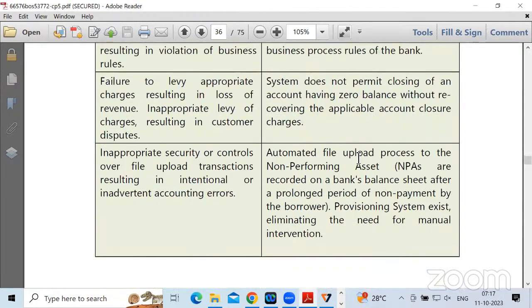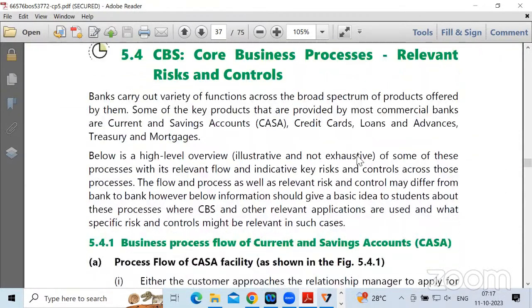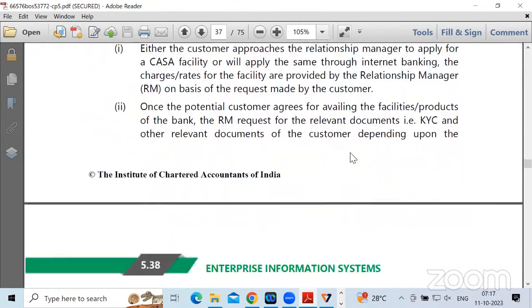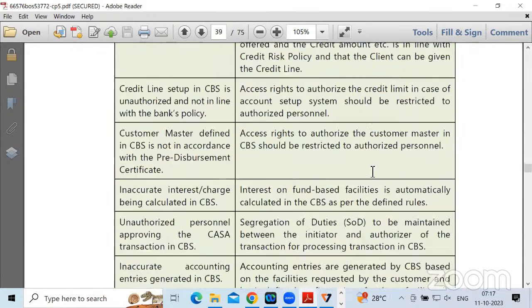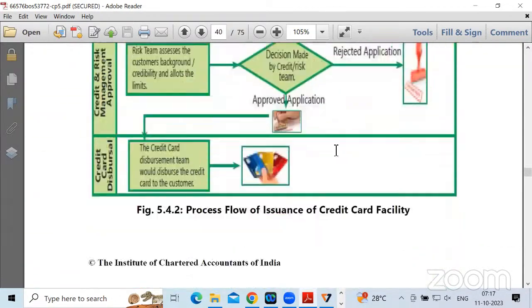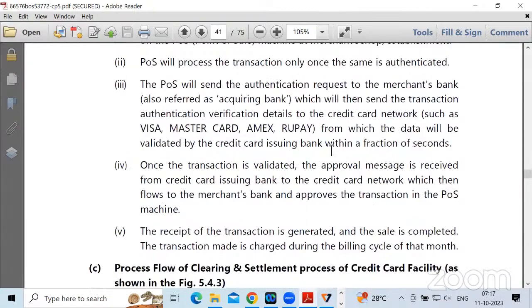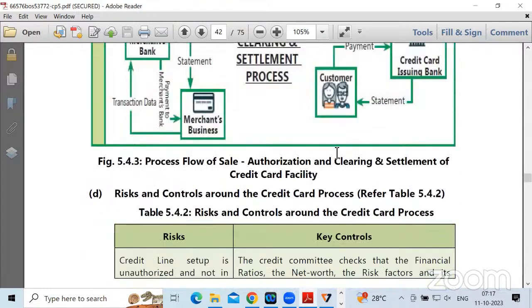So like that, you can go through this and you can understand. They have given all the CASA and other kinds of things. It is self-explanatory. And similarly, whatever is explained, they will have the relevant risk and relevant control.